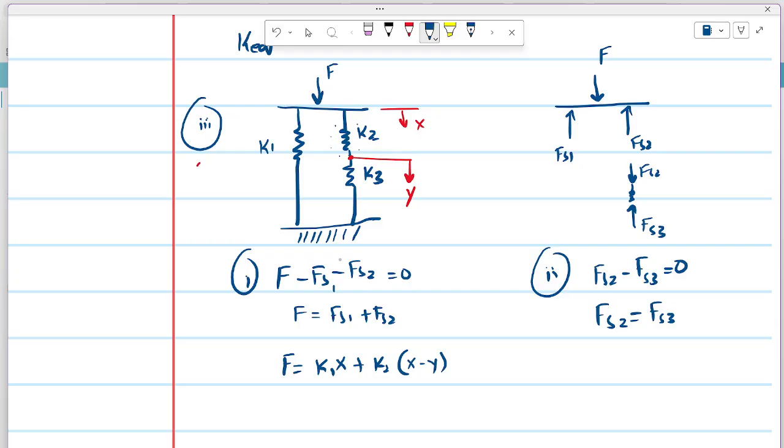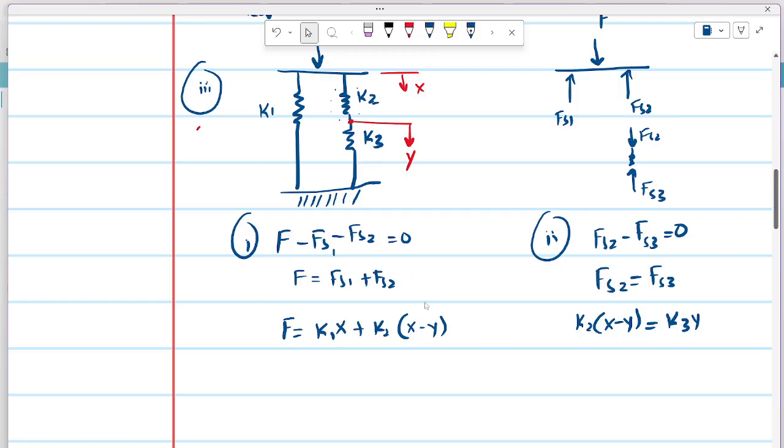And again, you can write the other equation as K2 (x minus y) equals K3 y. Now the next thing we'll try to do is eliminate the unknowns as much as possible and simplify.